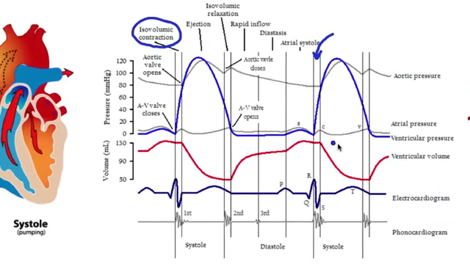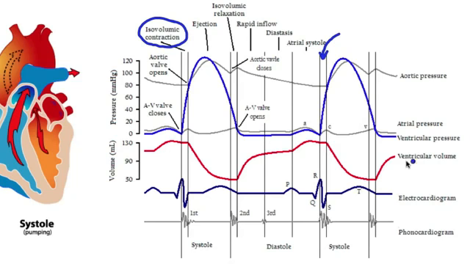In the case of the ventricular volume, when those valves open and the blood leaves, that's going to cause the ventricular volume, the amount of blood in the ventricles, to decrease significantly. Why? Because the ventricles are contracting. We're sending the blood out to the body so that it can go to the muscles and to the organs that need blood and oxygen and all that good stuff.